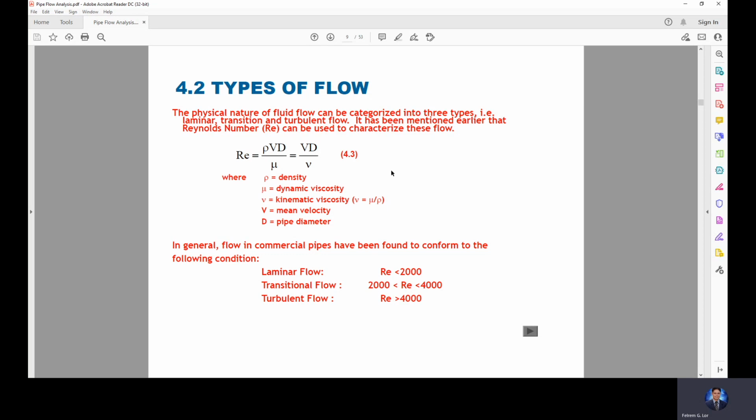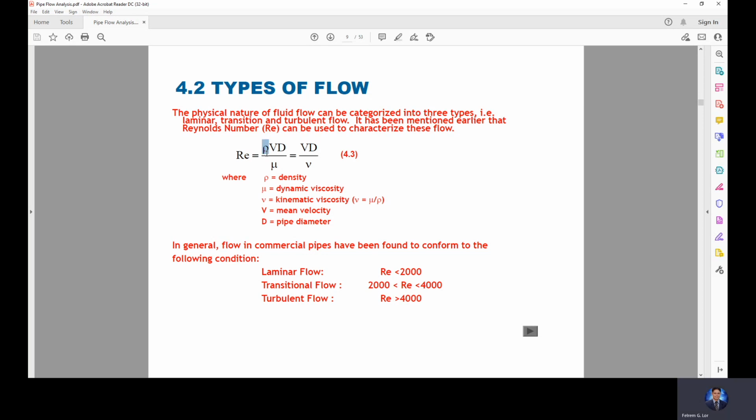As we all know, the type of flow is defined by a certain measurement or a certain number. That's what we call the Reynolds number. That is the determining factor of what type of flow it is. Reynolds number is mathematically defined as the density times the velocity times diameter over the dynamic viscosity.